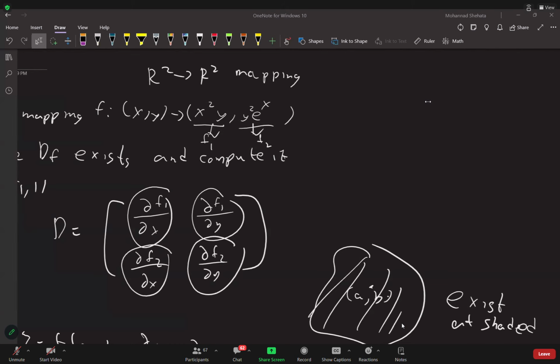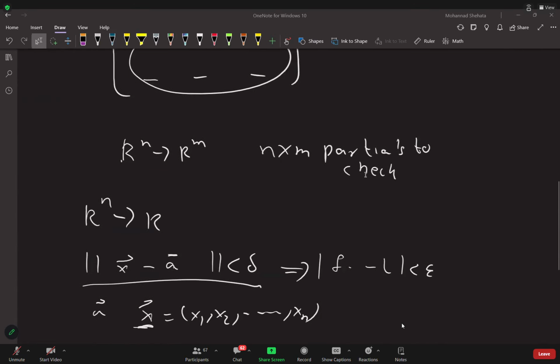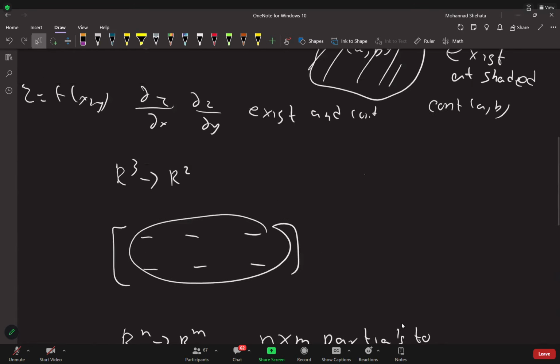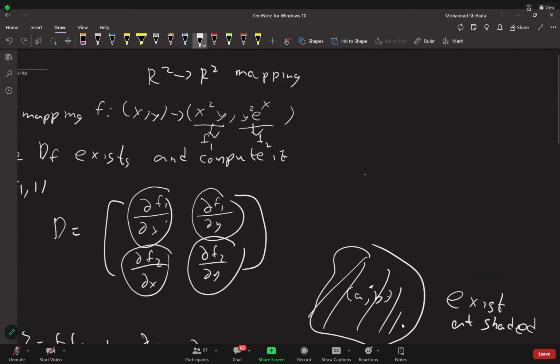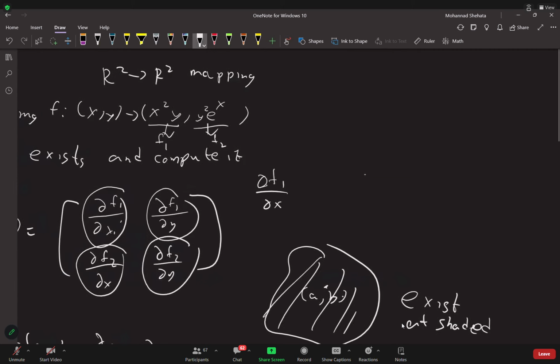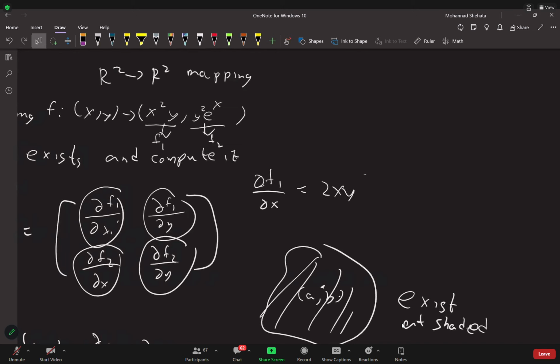Not all 4 expressions should have the same partial derivative, but if you differentiate, for example, the partial of f1 with respect to x, this would be 2xy. Regardless of your choice of x and y, it will be continuous in this case, because it's a polynomial. Got it?